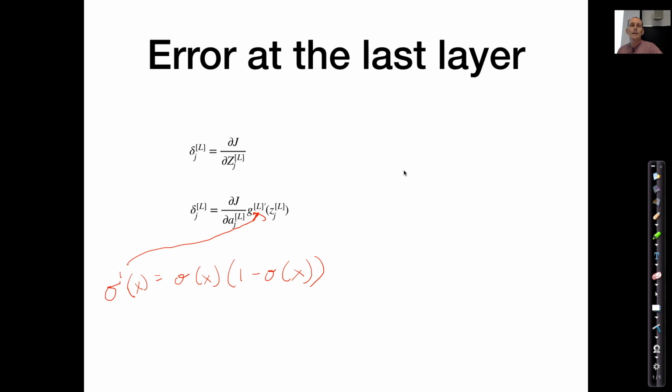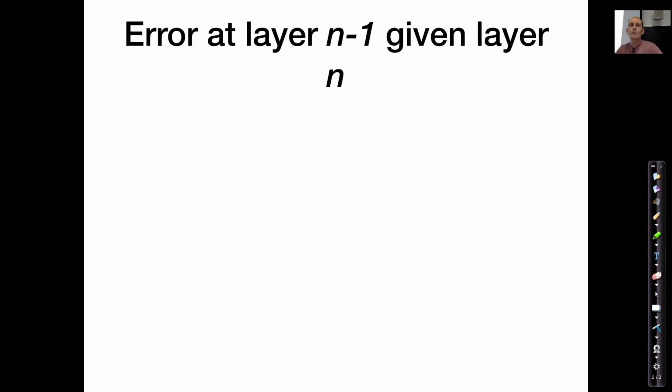All right, let's look at the next layer. So at layer L minus 1 given layer L. This is the error at layer L, right?